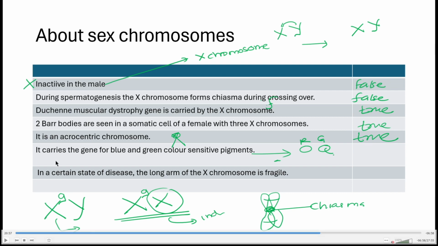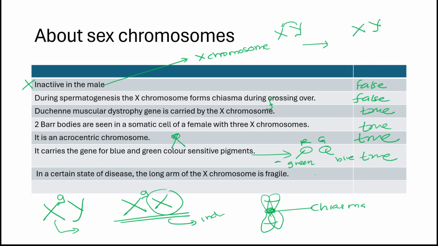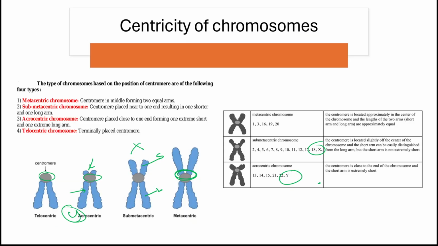In a certain state of a disease, the long arm of X chromosome is fragile. What do you know about this? Now, there is a disease which is known as fragile X chromosome, fragile X syndrome.